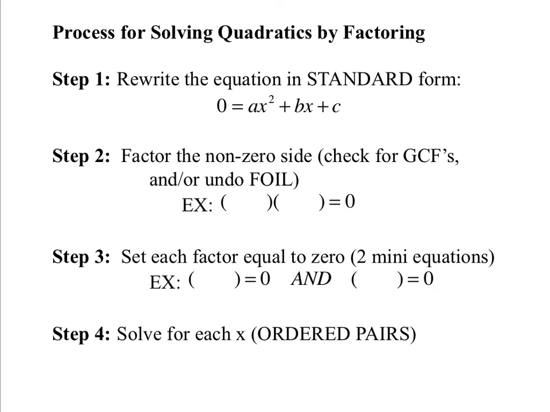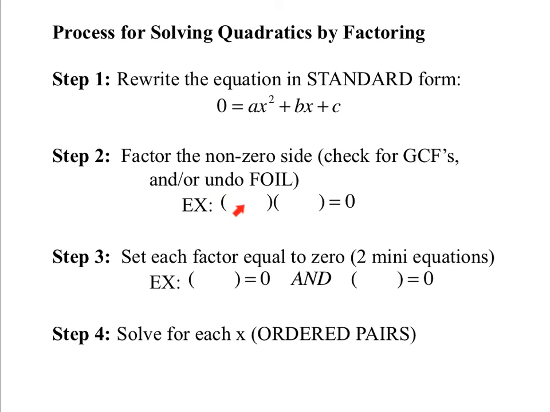So please take a couple minutes to record the overall process of solving quadratics by factoring. There are 4 steps. Step 1 is making sure that your equation is in standard form and the y value is 0. You want everything all on one side of the equation. Then you're going to apply your factoring methods that we talked about last unit or 2 units ago: check for GCFs, reverse the FOIL.